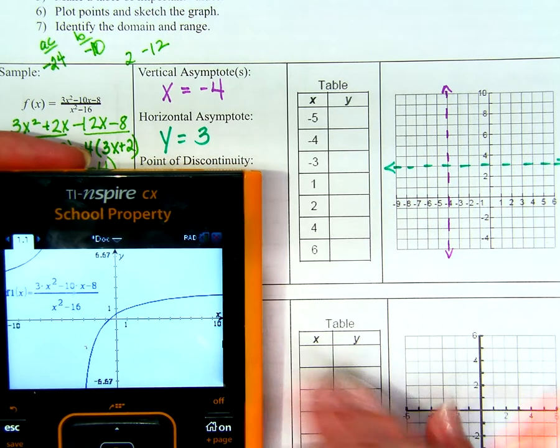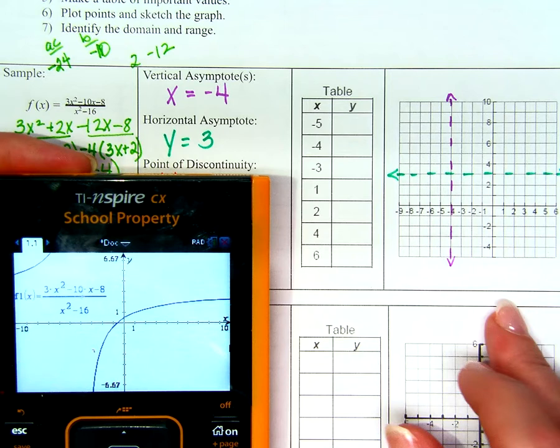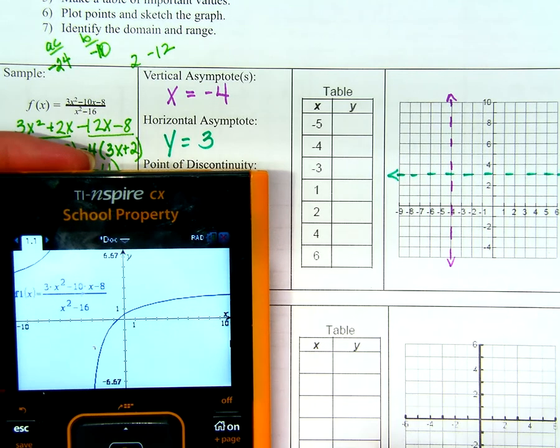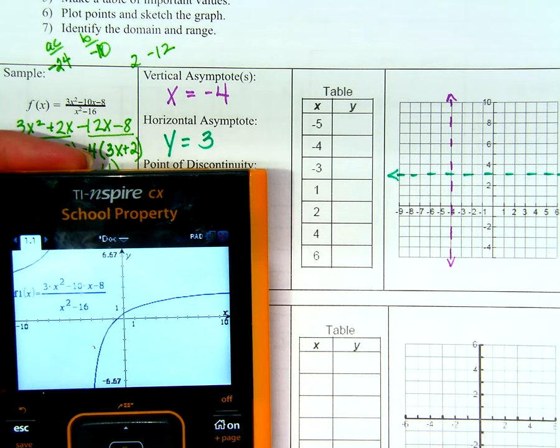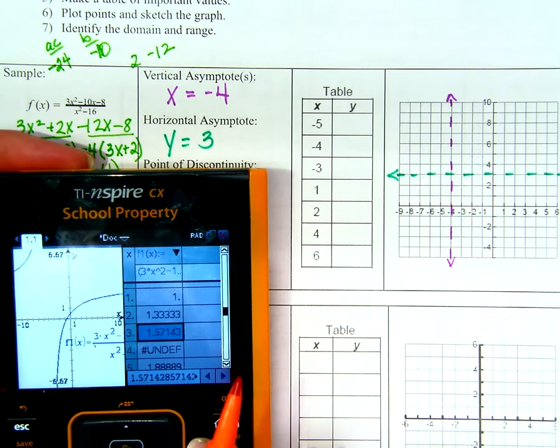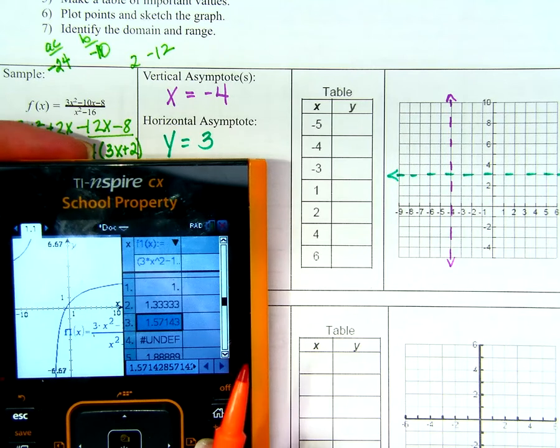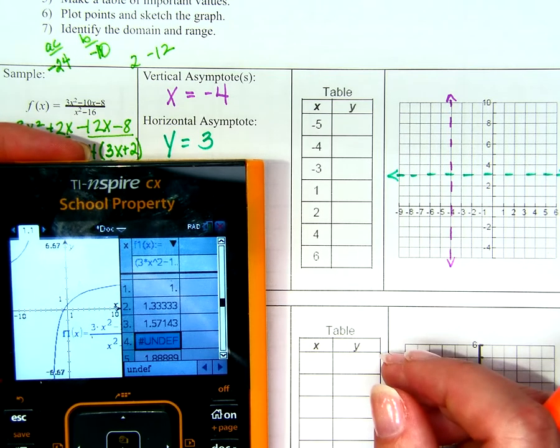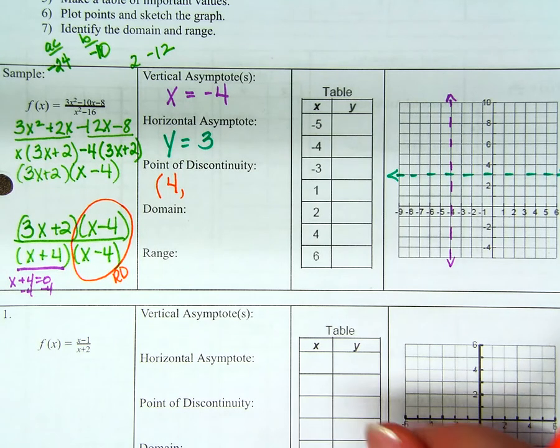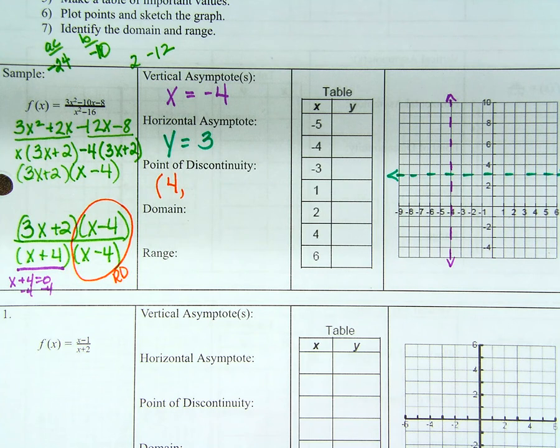So that helps me out. It'll help me out in a minute with the graph, right, to give me a good idea of what it should look like. But if I go Control T and look at the table, I just go down to 4. Uh-oh. Man, I knew that was going to happen. Did you know that was going to happen? Because it was a removable discontinuity?